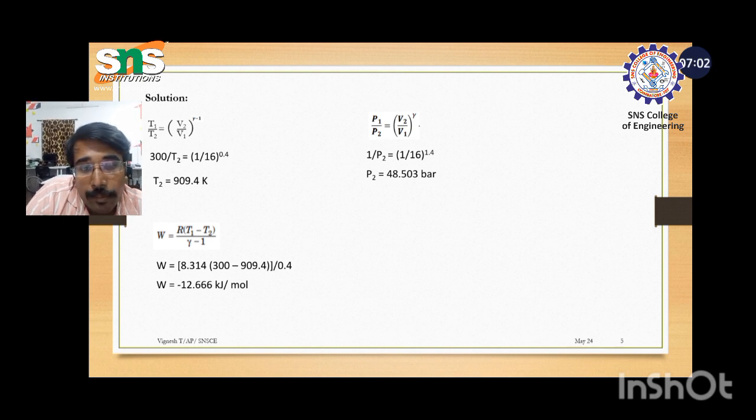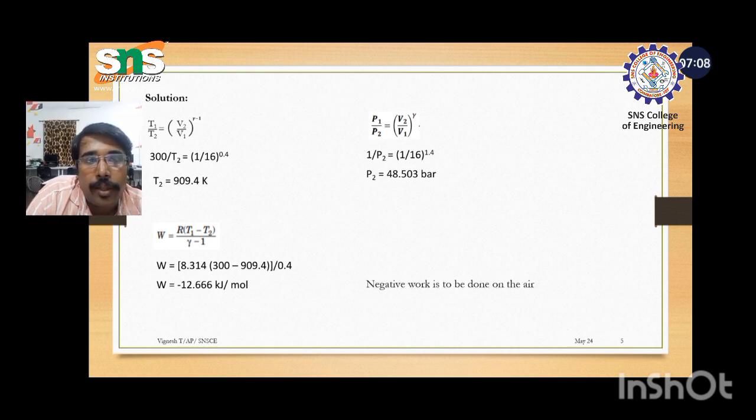This is a compression, so it is work done on the system, so it will be negative, because the work is done on the air, that is, on the system.